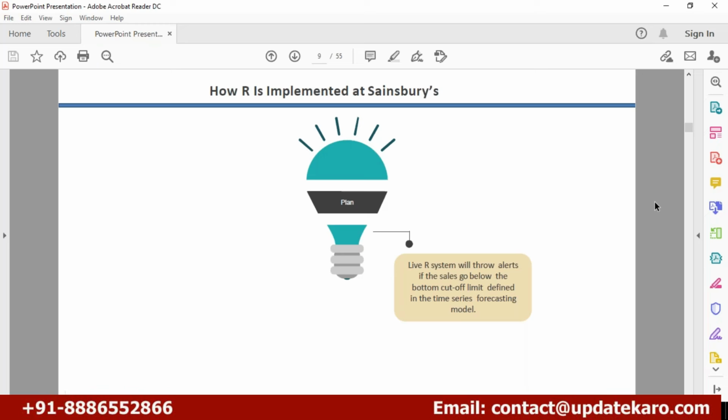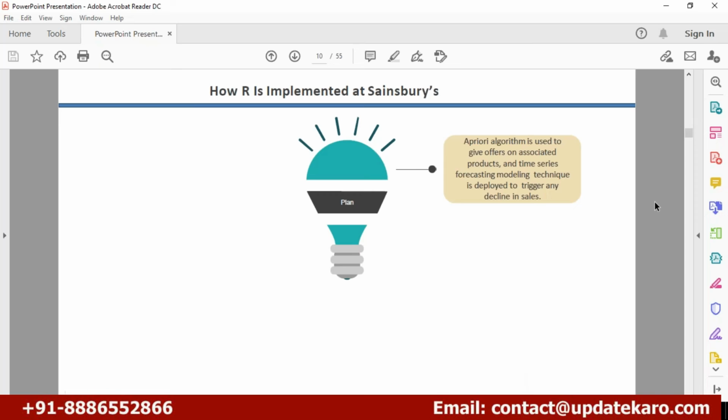These are also some predictive models. So based on time, it will be throwing the pop-ups. It will be throwing alerts if the sales go below the cutoff. And these cutoffs are defined in the time series forecasting model.